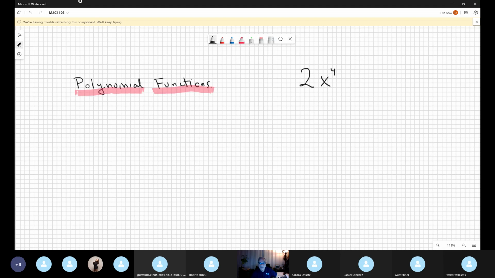But in a monomial, this exponent is always mandatorily a whole number. What does whole number mean? Whole numbers are 0, 1, 2, 3, and so on.